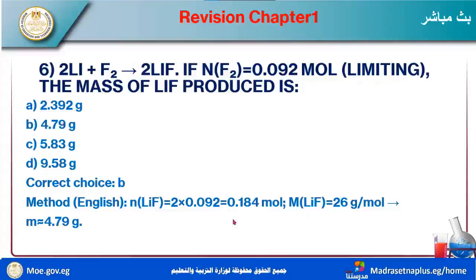Now we have the number of moles produced. We have the mass and we want to calculate this number. The molar mass is 26 grams: Li plus F, F equals 19, Li equals 7, 7 plus 19 equals 26.